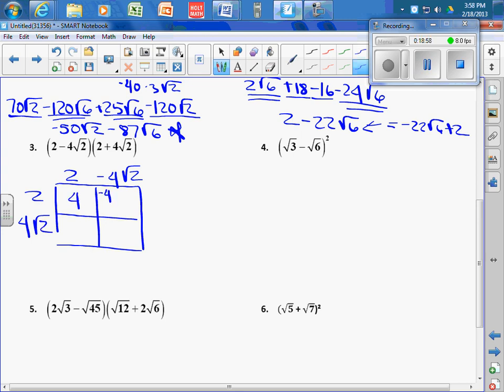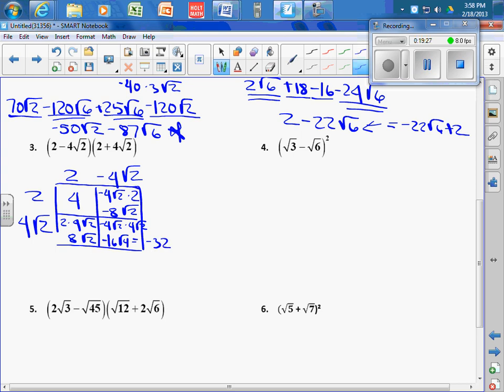Negative 4 radical 2 times 2, negative 8 radical 2. 2 times 4 radical 2 is 8 radical 2. Negative 4 radical 2 times positive 4 radical 2, negative 16 radical 4. Radical 4 is 2, so negative 16 times 2, negative 32.